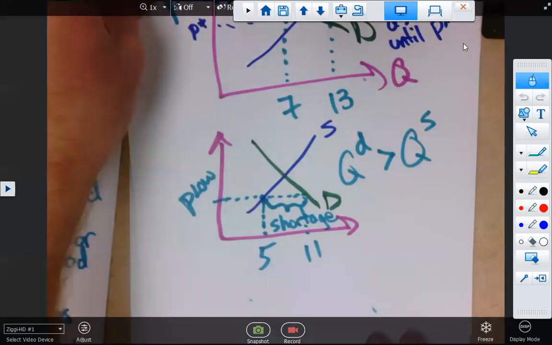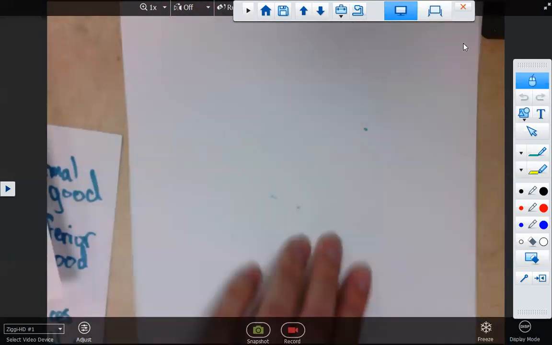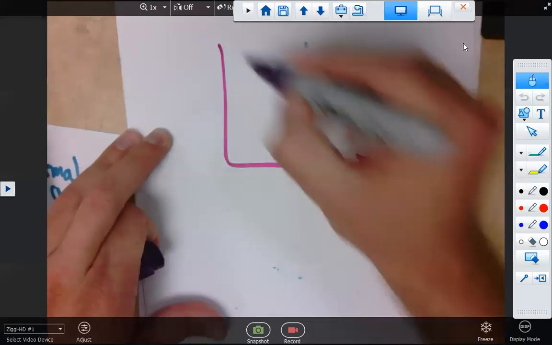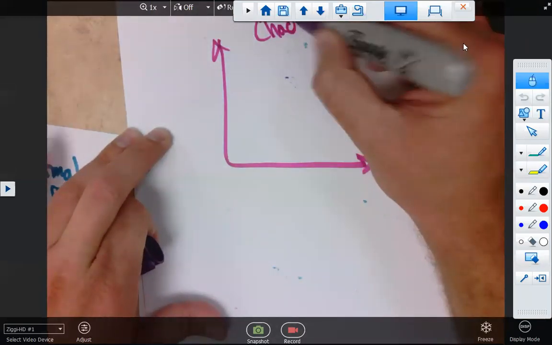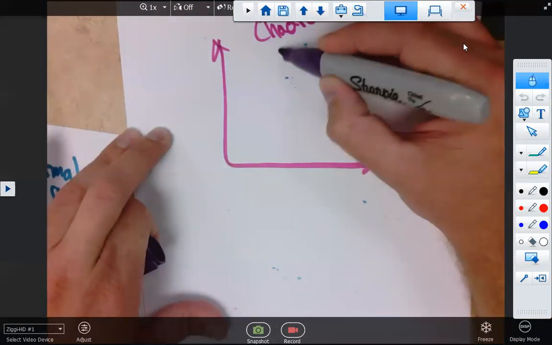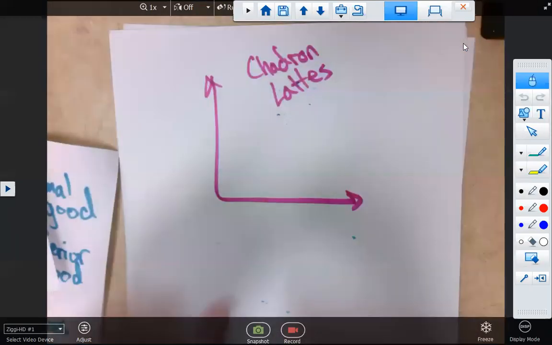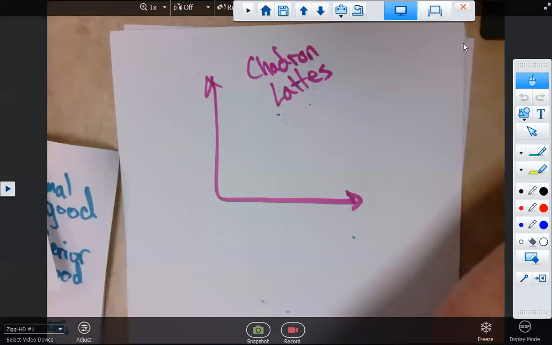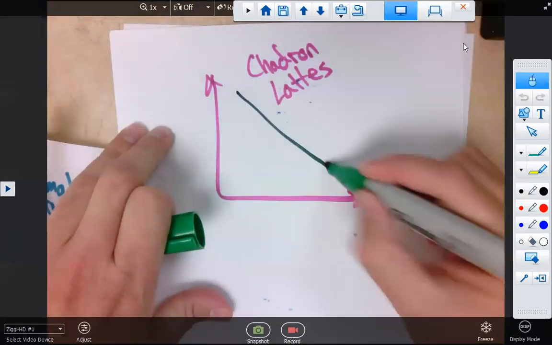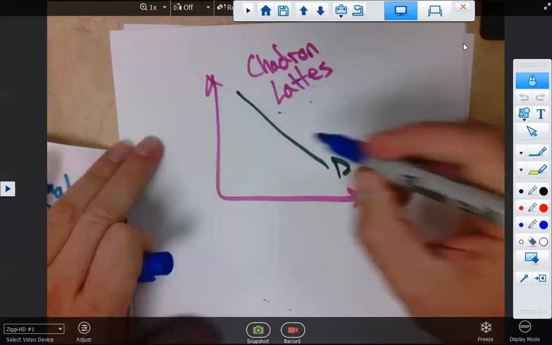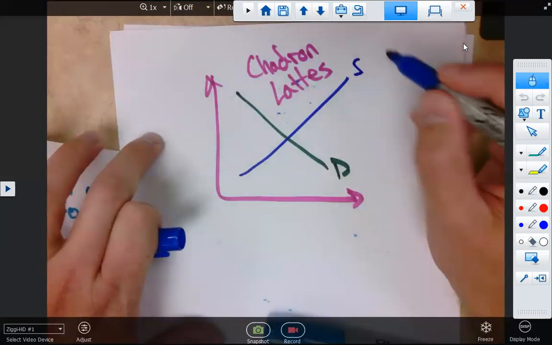So the last thing, let's do an application of this with the coffee. Lattes, right? So not regular coffee, fancy coffees. And so we've got a downward sloping demand curve, and we've got an upward sloping supply curve.